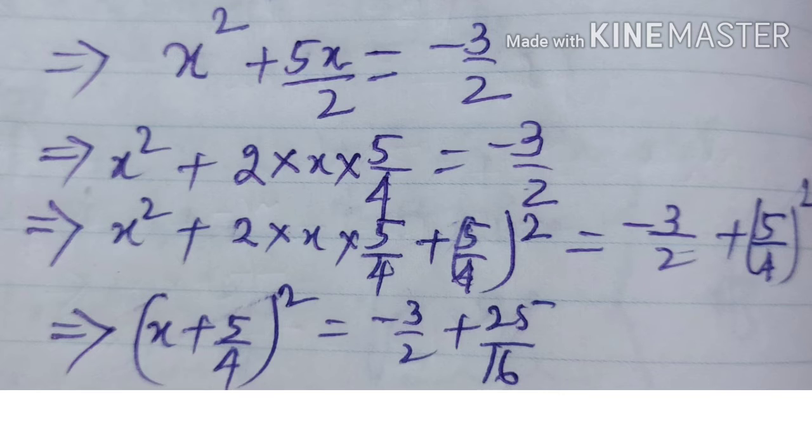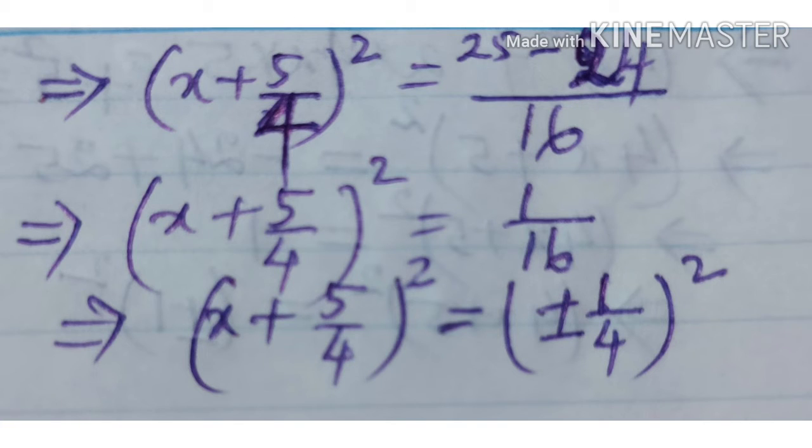This implies that (x + 5/4)² = -3/2 + 25/16. This implies that (x + 5/4)² = (-24 + 25)/16, or (25 - 24)/16. This implies that (x + 5/4)² = 1/16.